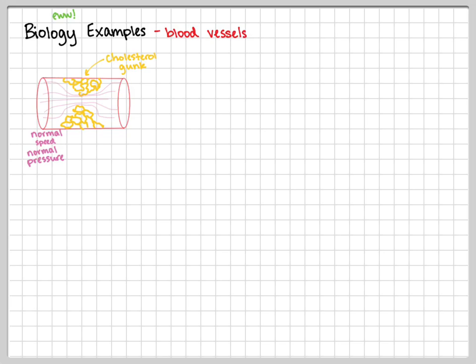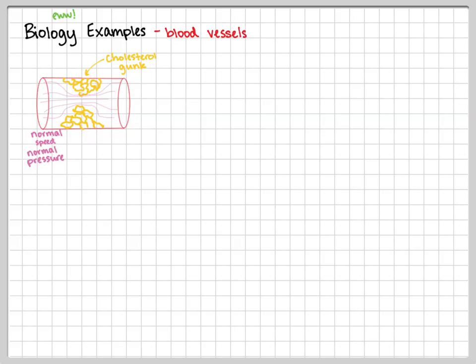If you have high cholesterol, that cholesterol tends to get stuck to your artery walls. And it creates an artificially narrow region in your artery. And that's bad, because you've got all this gunk in there.